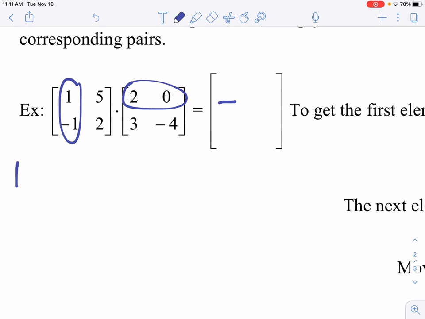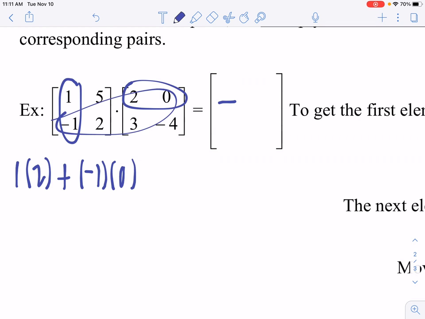So you're going to take the first one, 1 times 2 plus negative 1 times 0. So it's kind of like the first ones times each other plus the second ones. And then for the second one, we're going to do still the first row, but the second column.